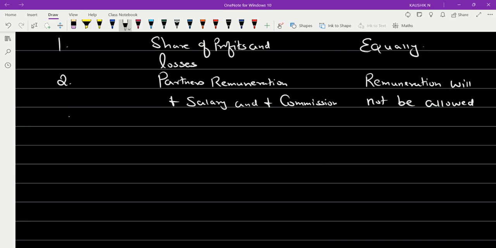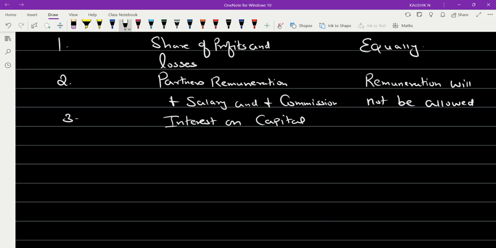The next, third one, is all about interest on capital. Even for this, if the deed is available and it is mentioned in the deed at what interest you are going to provide interest on capital, then it can be allowed.